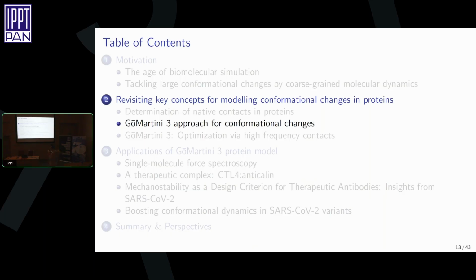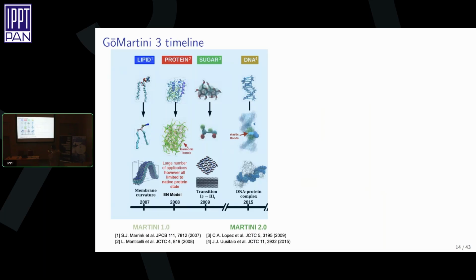So in those days there was Martini. Martini was pretty successful not only to coarse grain lipids from the atomistic to the coarse grain, and then study these beautiful curvatures on membranes. It was also pretty successful to study the equilibrium properties of proteins by introduction of the harmonic bonds.